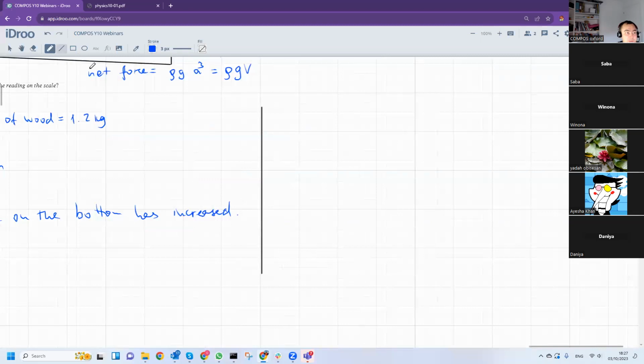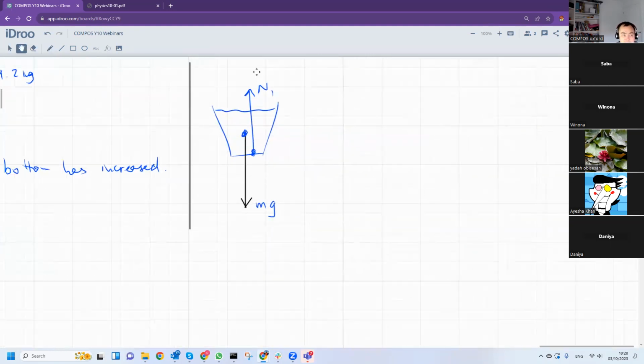So for the first bucket, you have the gravitational force, mg, where m is the mass of the water, and up we have a normal reaction force, N1, which is pushing here. And this is the force that is being measured by the scales.